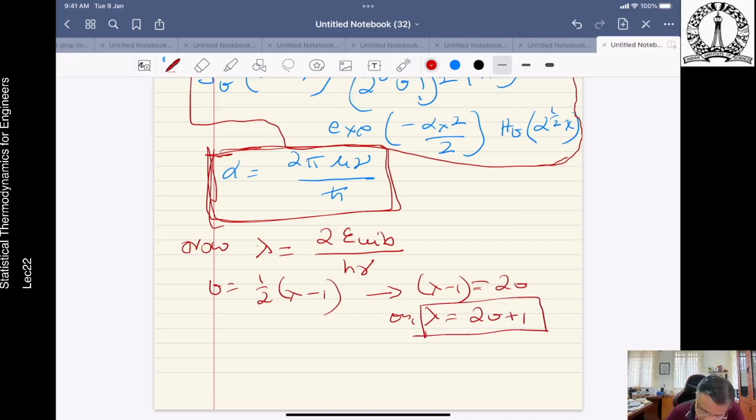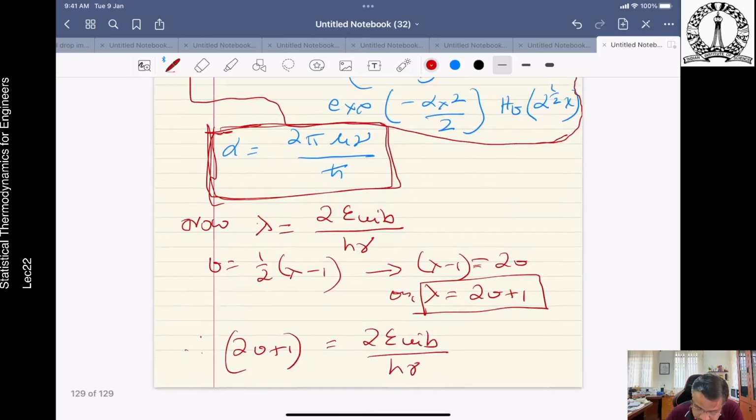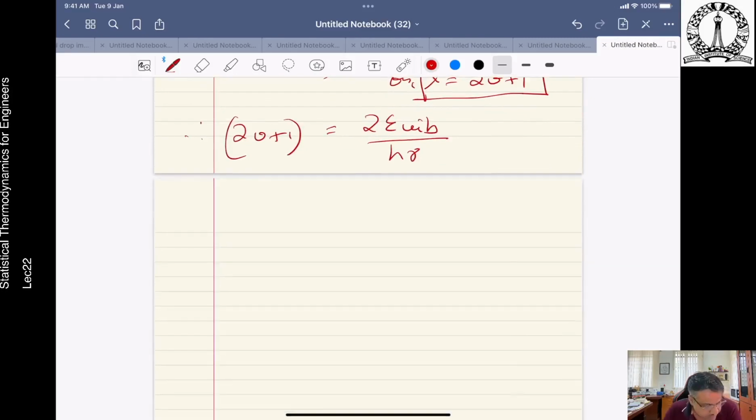Therefore 2v plus 1 is equal to 2 E vibrational divided by h nu, or E vibrational is equal to v plus half, times h nu, with v equal to 0, 1, 2, and so on.